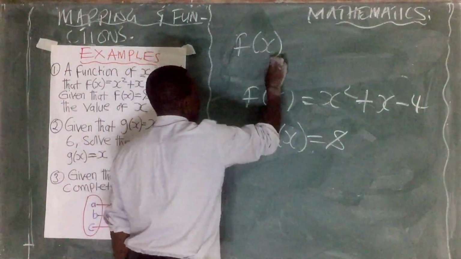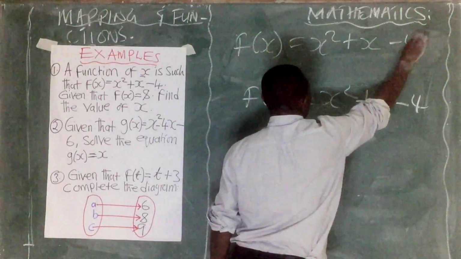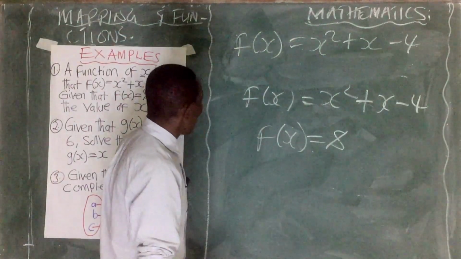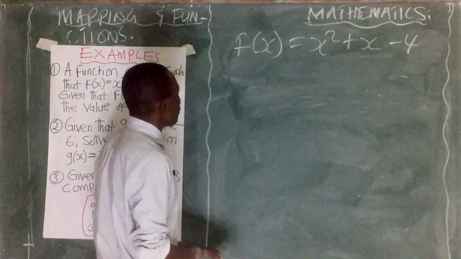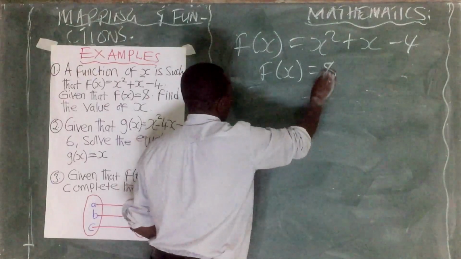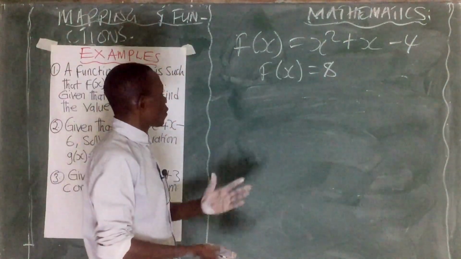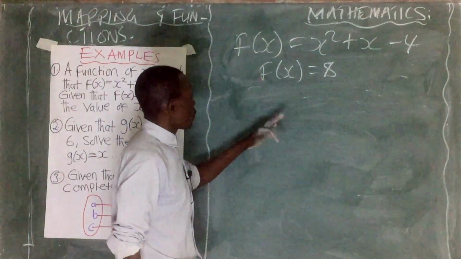F of x is equal to x squared plus x minus 4. That's the function. But here we're told that f of x is 8. So which means if we're given f of x is equal to 8, as a student, just consider this as an equation. What I want is to find the value of x.